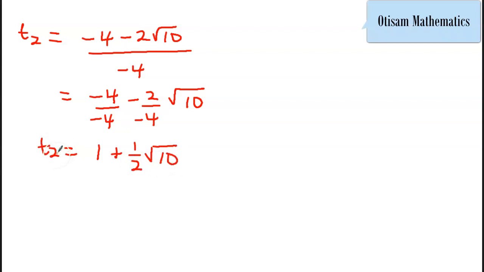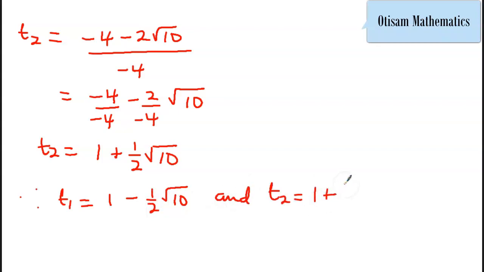So these are the values. Therefore the first root, t1, will be 1 minus 1 over 2 root 10, and then 1 plus 1 over 2 root 10.